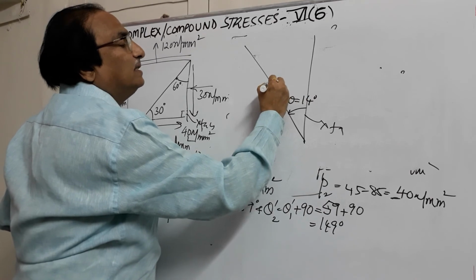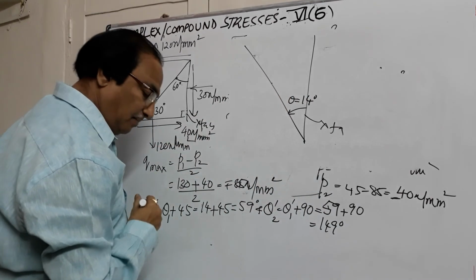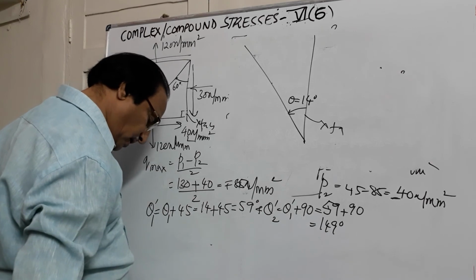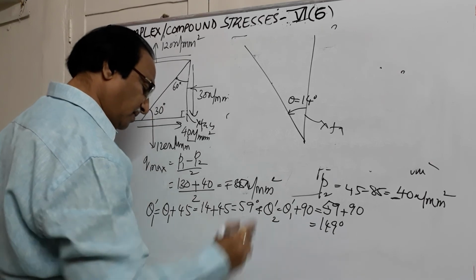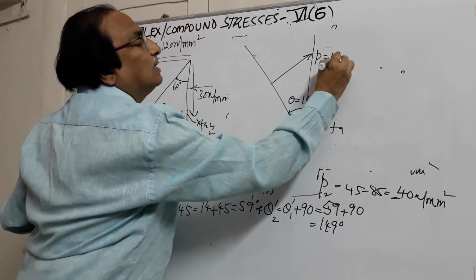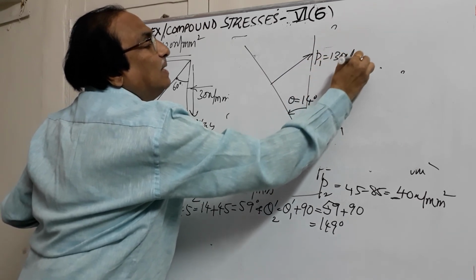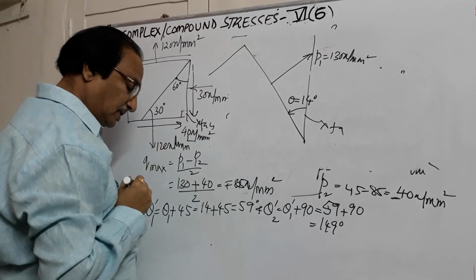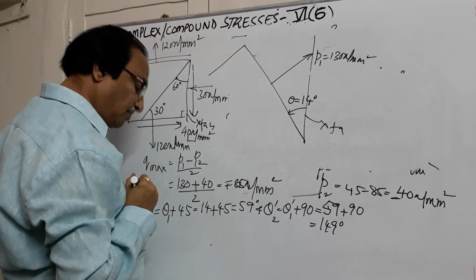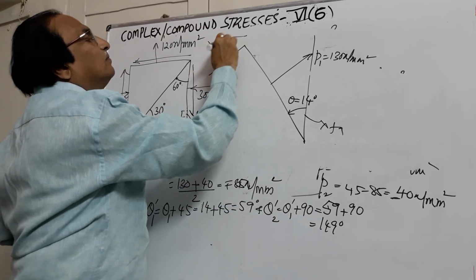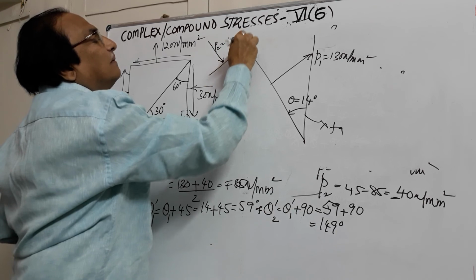On this plane there will be the major principal stress, 130 Newton per mm square. It is tensile in nature, so P1 is equal to 130 Newton per mm square. There will be another plane perpendicular to this, on which the minor principal stress acts, and P2 is minus 40. Minus means it is compressive in nature. P2 is equal to 40 Newton per mm square.